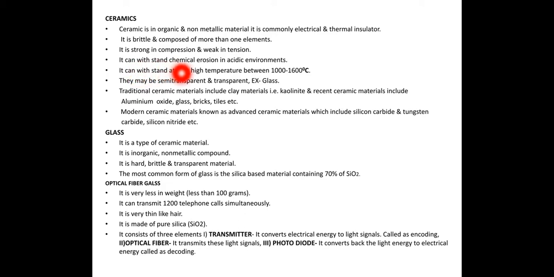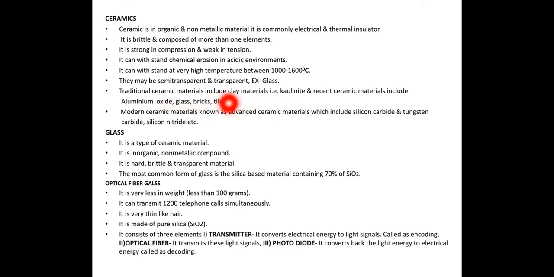It can withstand chemical erosion in acidic environments. It can withstand very high temperatures between 1000 to 1600 degrees. That means we can use this material at high operating temperatures. They may be semi-transparent and transparent. For example, glass. The best example of a ceramic material is glass.